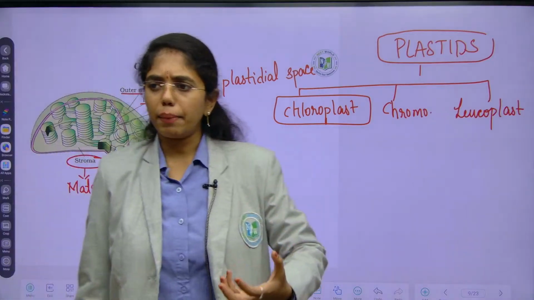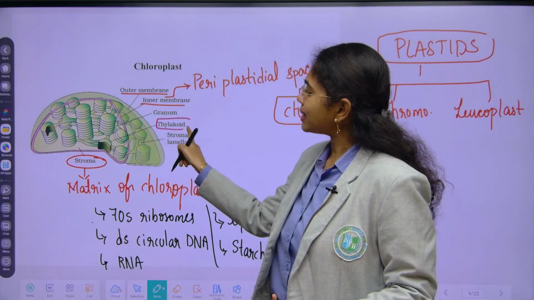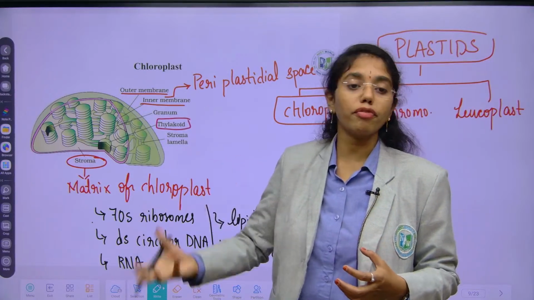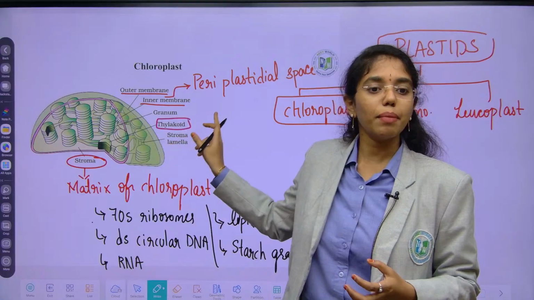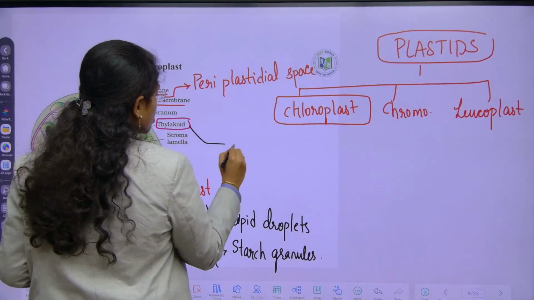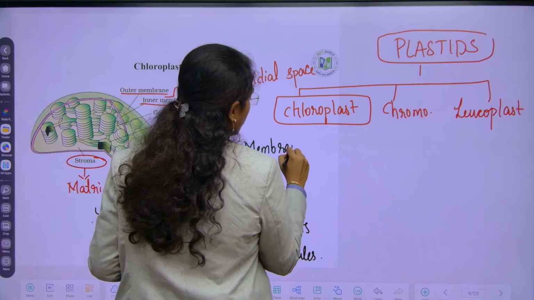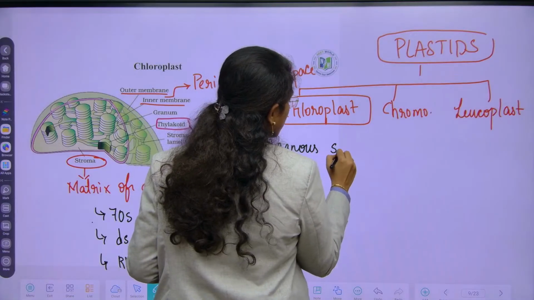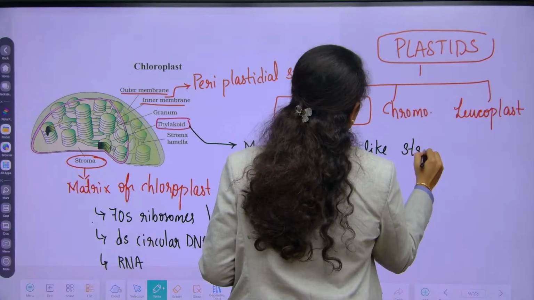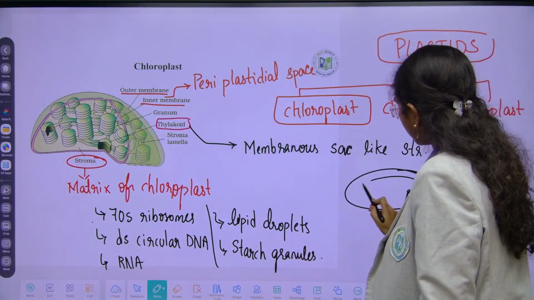Chloroplast is already double membrane bound, we know that. Thylakoids are membranous sac-like structures which form the third membrane system of chloroplast. This membranous sac-like structure also has a membrane.